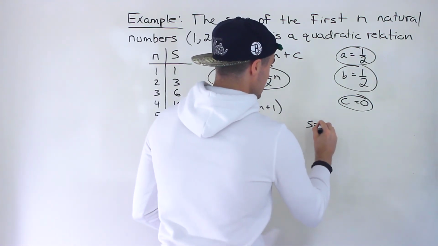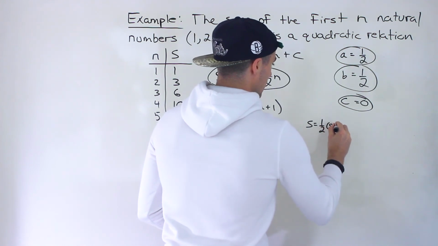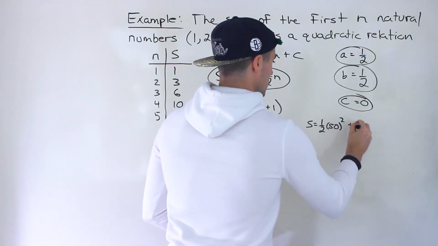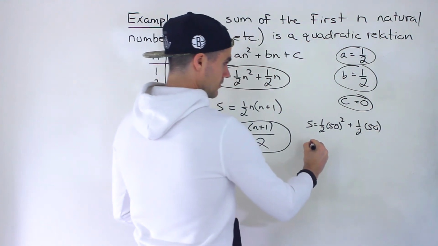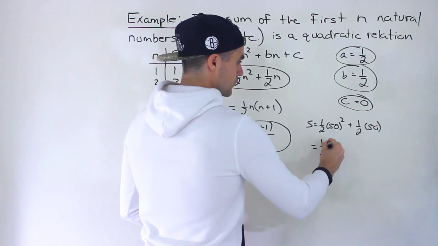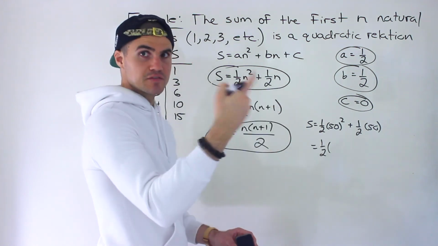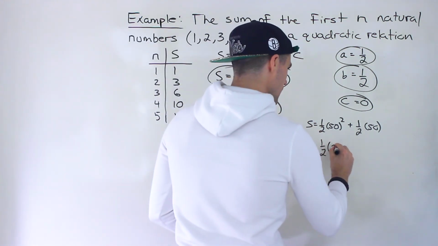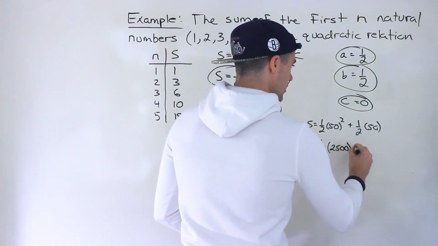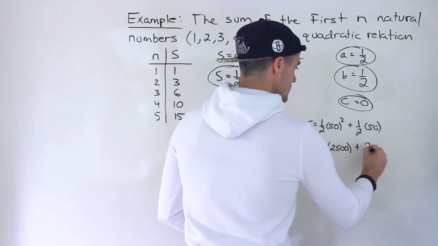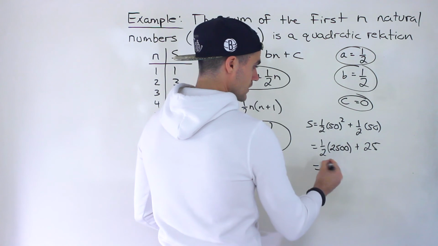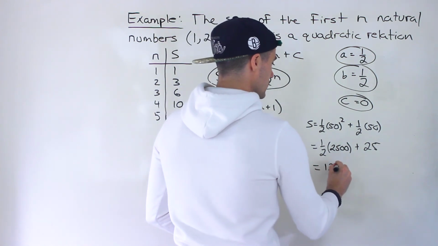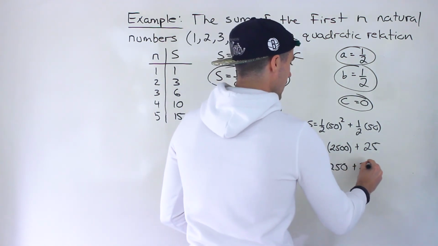So we'd have s equals 1 over 2 times 50 to the power 2 plus 1/2 times 50. What's 50 times 50? That would give us 2,500. What's 1/2 times 50? That would give us 25. So 1/2 times 2,500 would give us 1,250, plus 25.